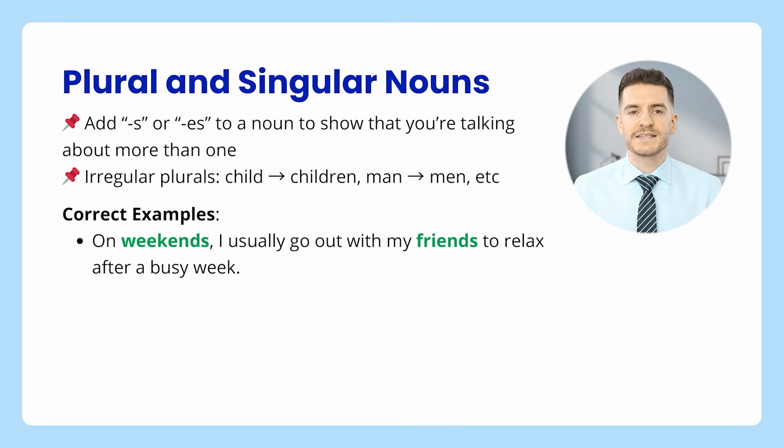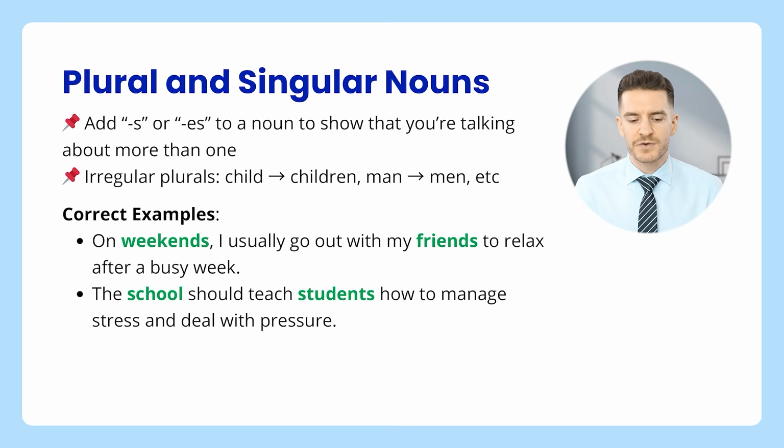Now, let's have a look at some examples. On weekends, I usually go out with my friends to relax after a busy week. So weekends, the person is not just talking about one weekend, so that's why we've added an S here. Friends, again, we're not talking about just one friend, so that's why we've added an S. Here is another example.